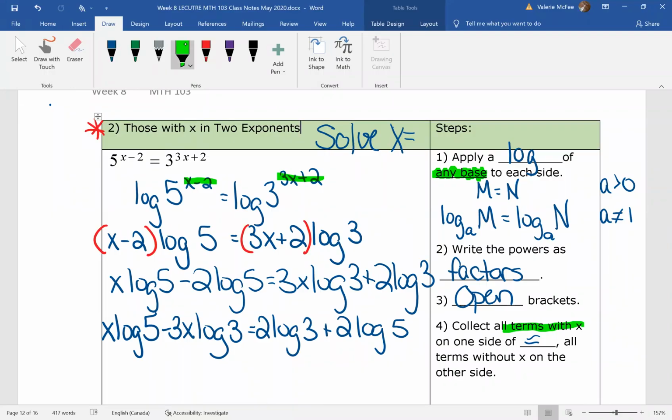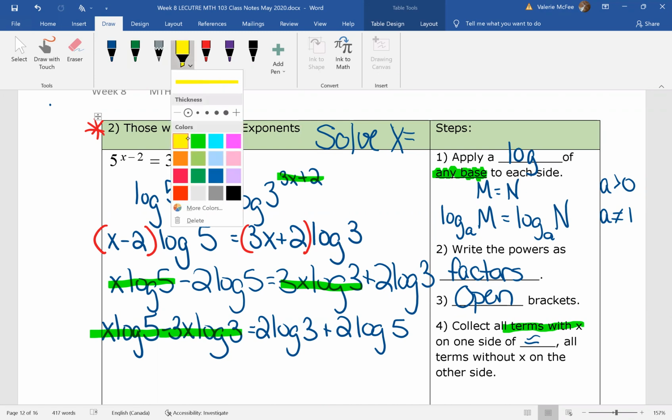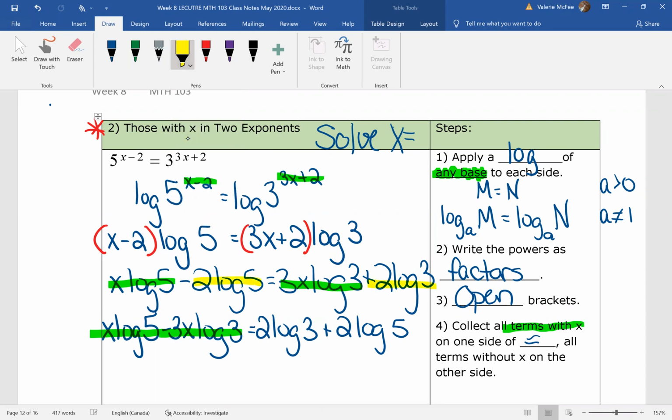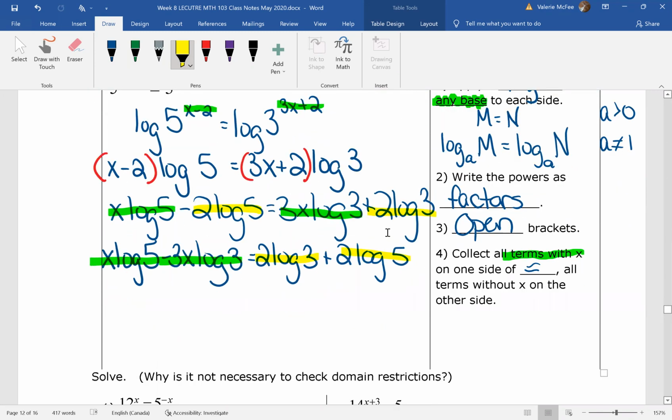A little bit of color might help here. These were the terms with x. We wanted them both on the same side, so I subtracted the one on the right. These are the terms without x. I want them both. Oops, did I say right before? I mean right this time, the other right. So make sure your terms with x are on one side, your terms without x are on the other side.